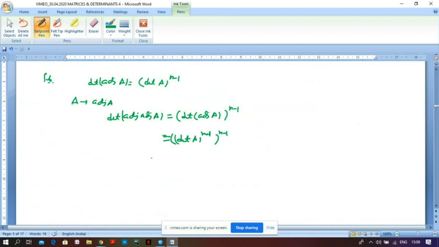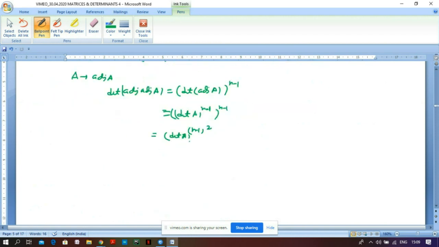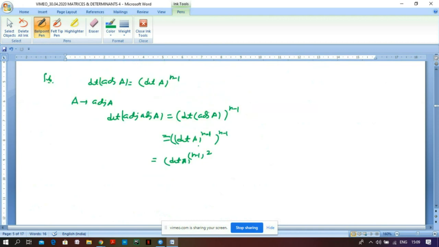And so you will get det of A to the power n minus 1 whole squared. And that's our result, that det of adjoint of adjoint of A is det of A to the power n minus 1 whole squared. These are normally useful when you have to calculate some adjoint, or maybe some relation of this kind may be asked.